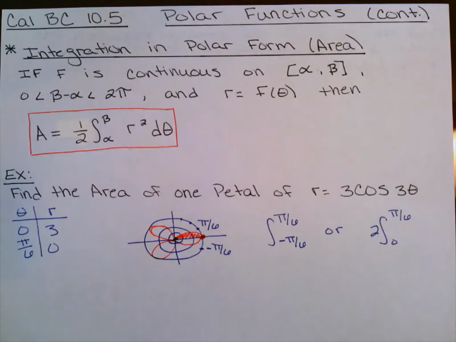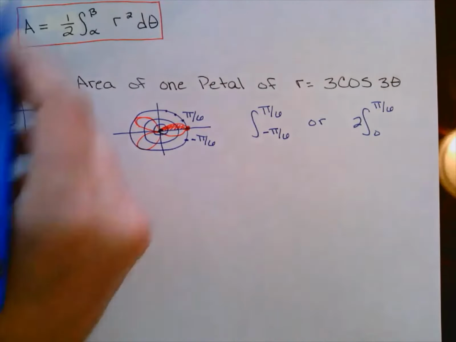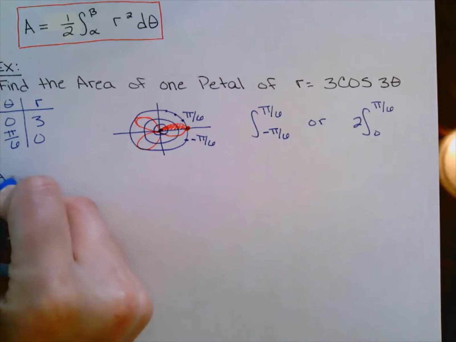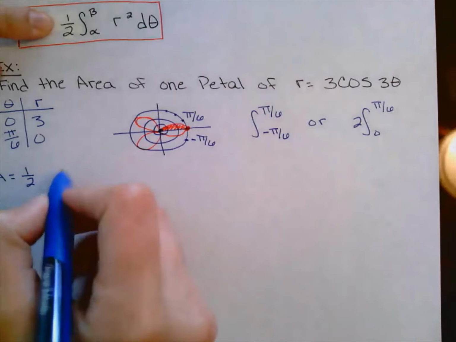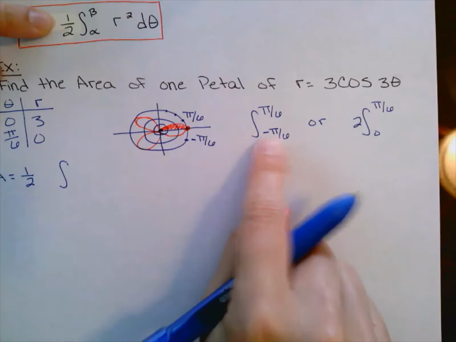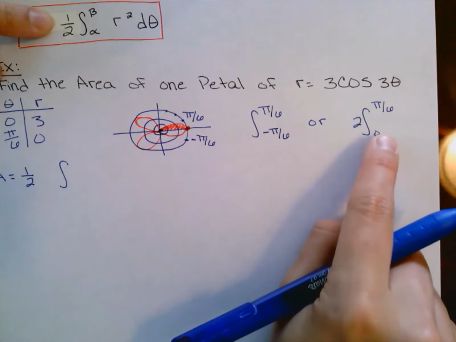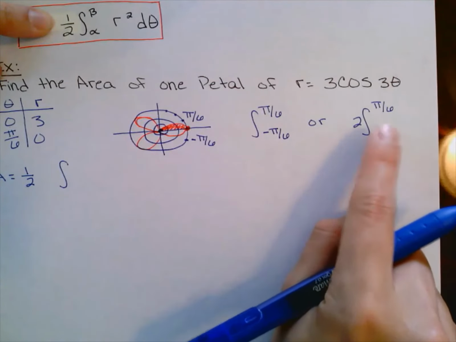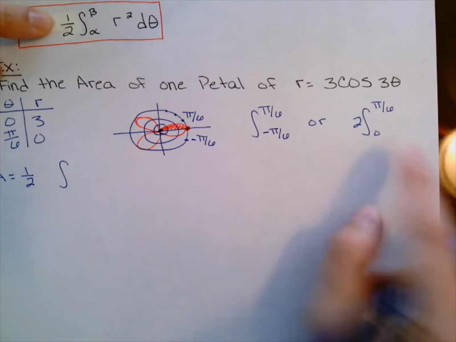So now that we know how we're going to set this up, okay, my area formula has a half times the integral. Now, I can put from negative pi over 6 to pi over 6 for that one petal, or I feel like it's easier to use this one because then on my f of b minus f of a, I have a little less work or easier values to work with, 0.